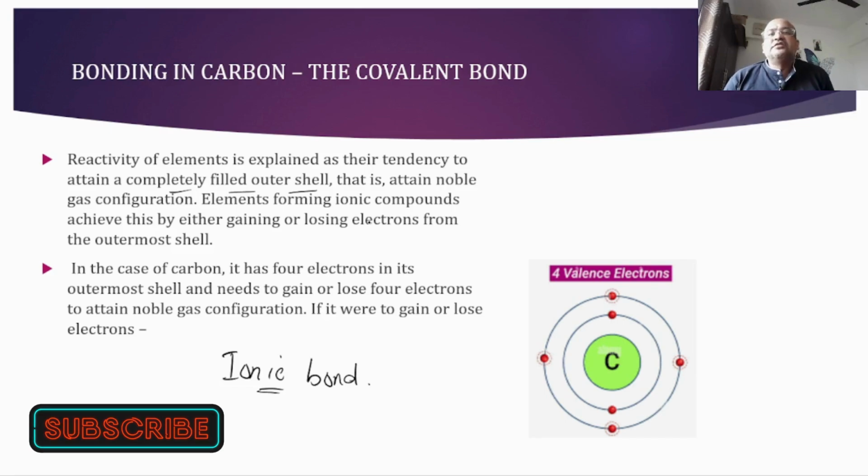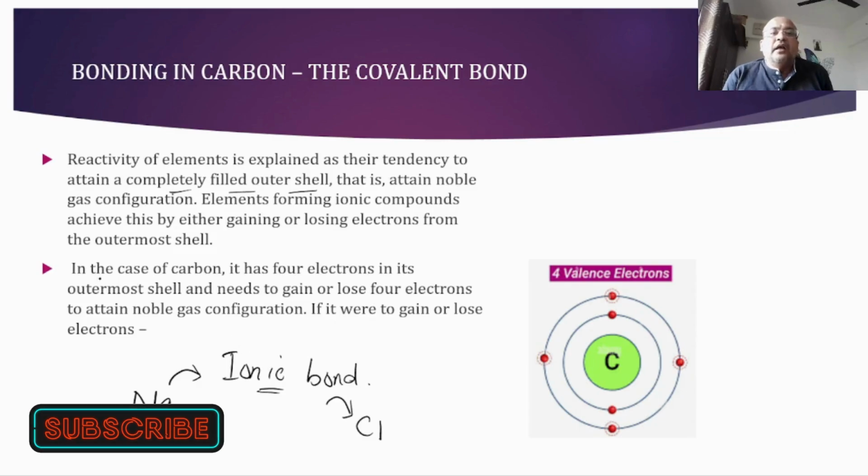So elements forming ionic compounds achieve this either by gaining or losing electrons. Sodium gives one electron, and chlorine accepts one electron in its outermost shell, to gain the noble gas configuration of the nearest noble gas element.